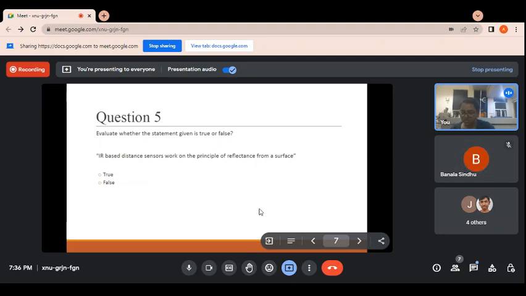Suthar, what is the right answer? Yes, ma'am, based on the reflectance, it will get changed. Yes, it is true. Because in the IR-based distance sensor, there are two types of LEDs present. One is lighter or white color, and one is black. The transparent one acts as a transmitter, and the black one acts as a receiver.